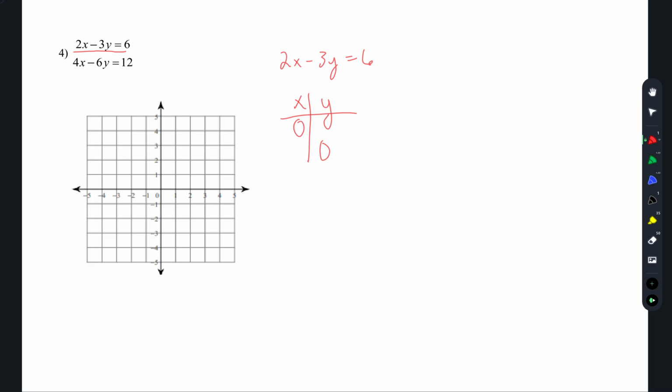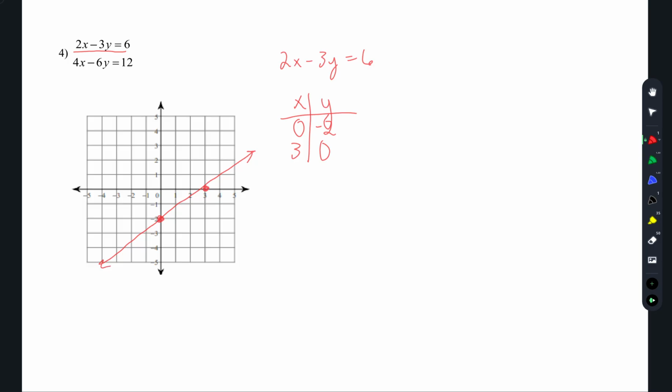If I plug 0 in for x, I'll get -2. If I plug 0 in for y, I'm going to get 3. So when I graph it, I go 0, -2, 3, 0, and then you can graph your line. So that's one way to do it.